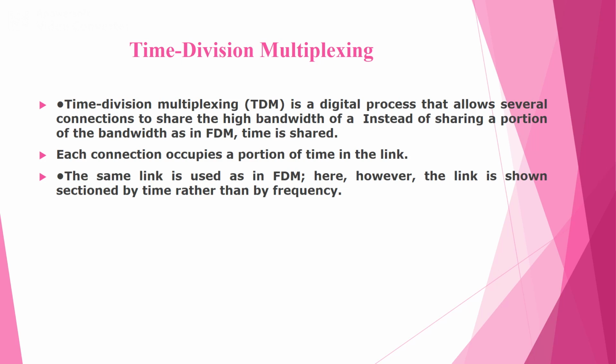In the case of FDM, a portion of the bandwidth was shared, but in the case of TDM, time is shared. Each connection occupies a portion of time in the link.